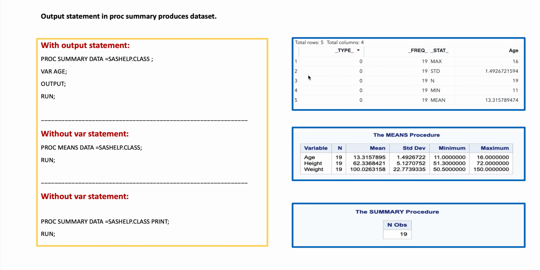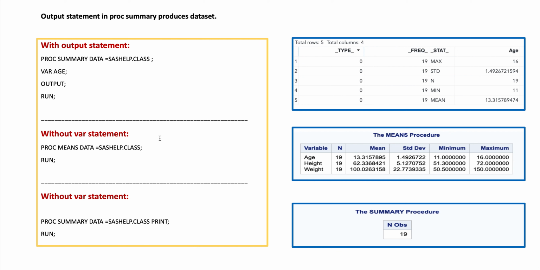This table has 4 variables: _type_, _freq_, _stat_, and age. This pattern is the SAS dataset. Such a dataset is required in clinical SAS, and it is useful for a clinical SAS programmer.